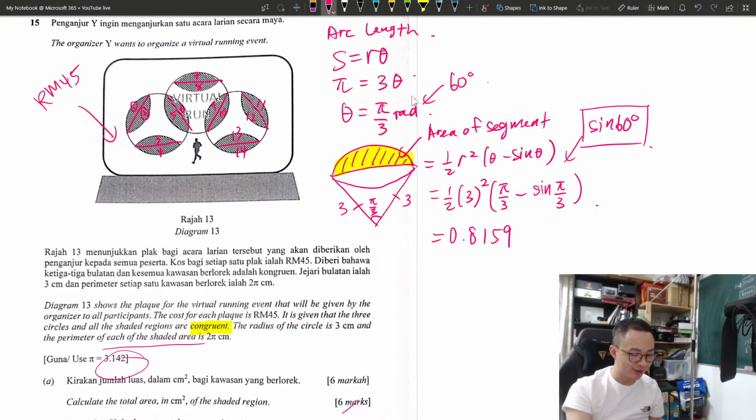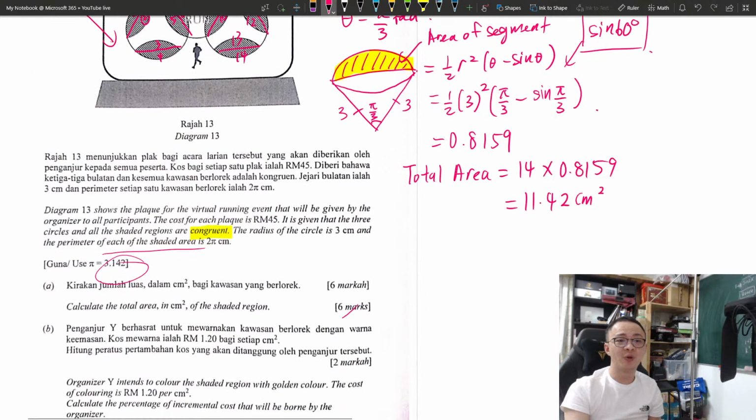So the total area is basically 14 multiplied by 0.8159. So you will get 11.42 centimeter square. So this one will be the total area.